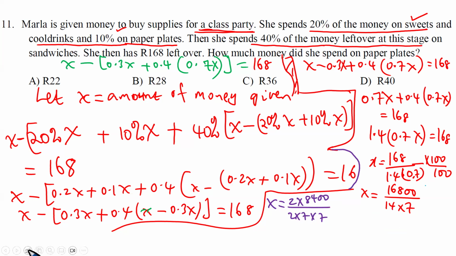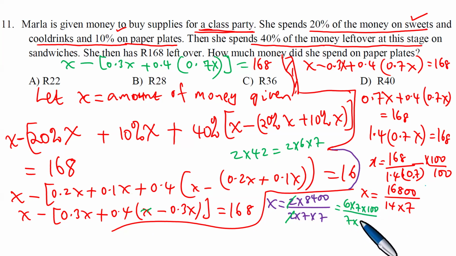The 2 cancels. What is 84? 84 is 2 times 42, and 42 is 6 times 7. So 84 can be seen as 6 times 7 times 100.